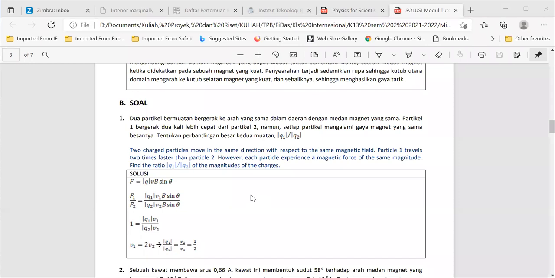Okay. Just a moment. Two charged particles have the same direction.